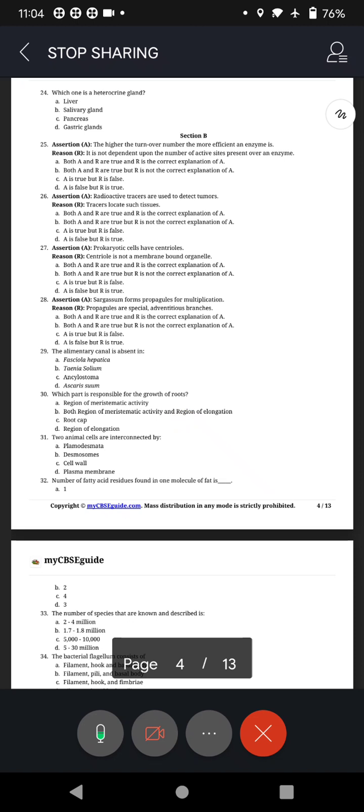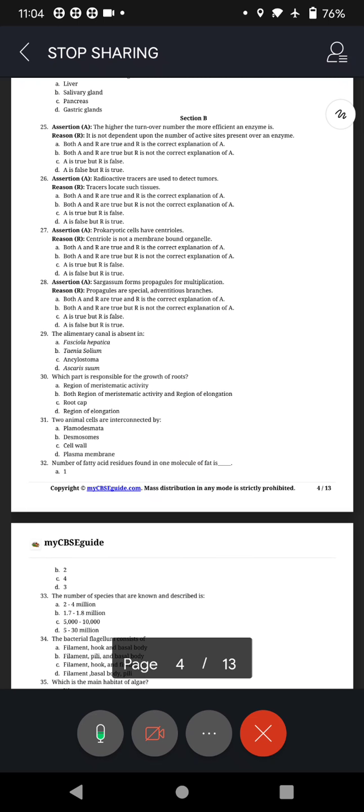Next, question number 31. D. Desmosomes. Two animal cells are interconnected by desmosomes, through which the exchange of materials takes place between two adjacent cells. It is formed from protein plaques in the cell membranes linked by filaments. So that is the function of desmosomes.